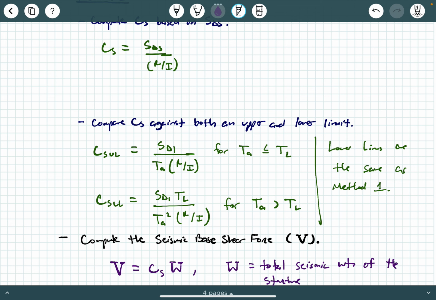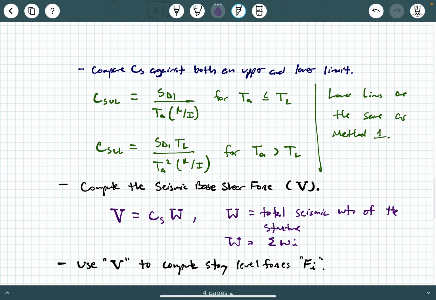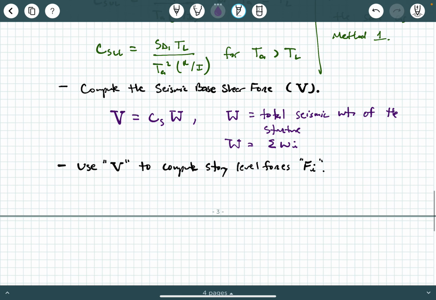If the C sub S you calculated here is bigger than C sub S upper limit, you use C sub S upper limit, okay? And similarly for method 1 that we saw earlier, except you don't have an upper limit for method 1, okay?